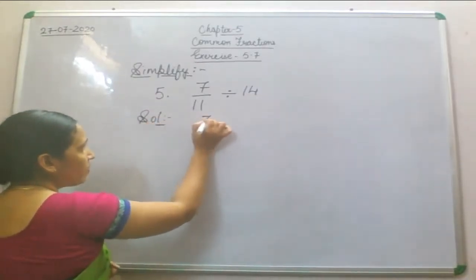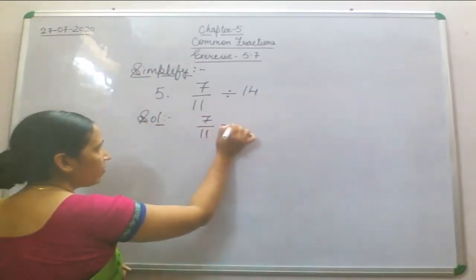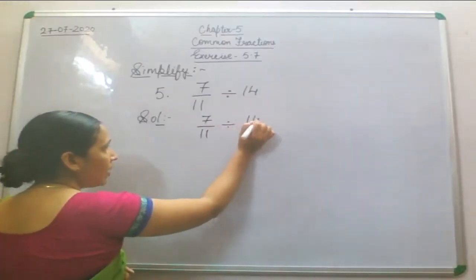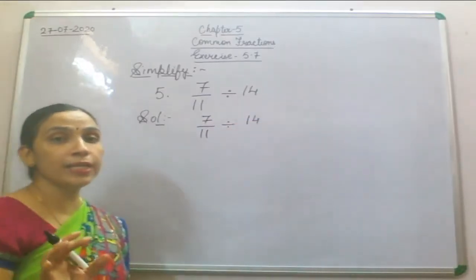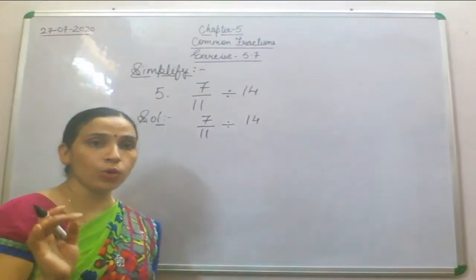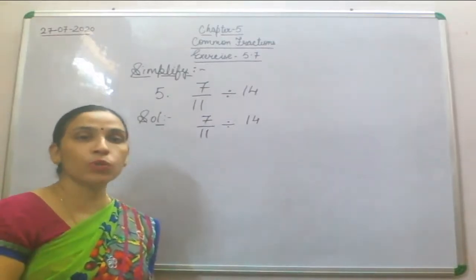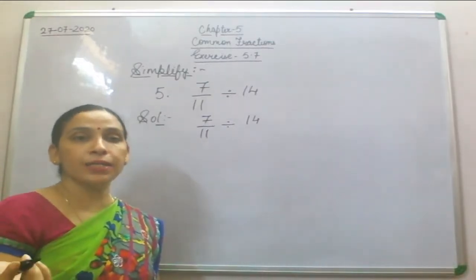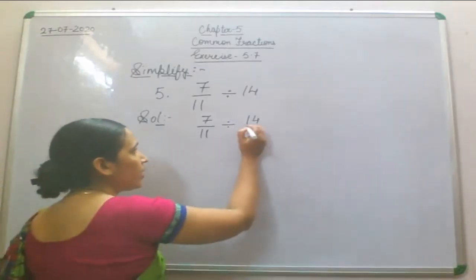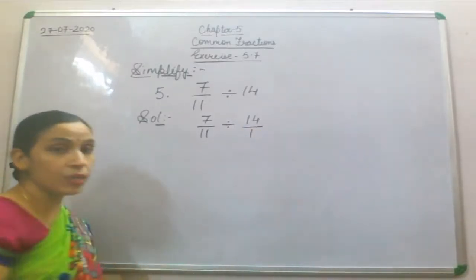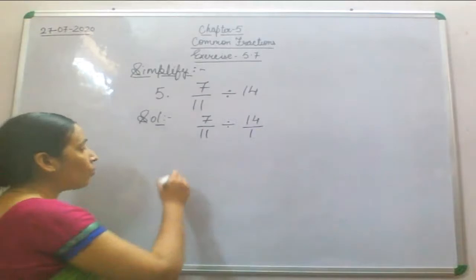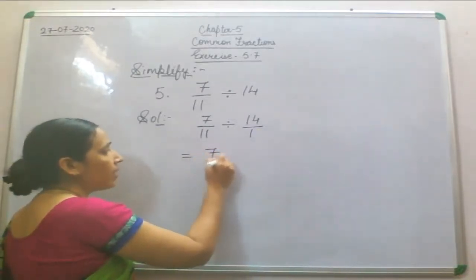Now the first step is we will write this question, whatever is given to you. Now if you don't have any denominator in the whole number, but obviously in a whole number you will not have any denominator, there you will write 1 over there. Now what is the next step? That's 7 by 11.